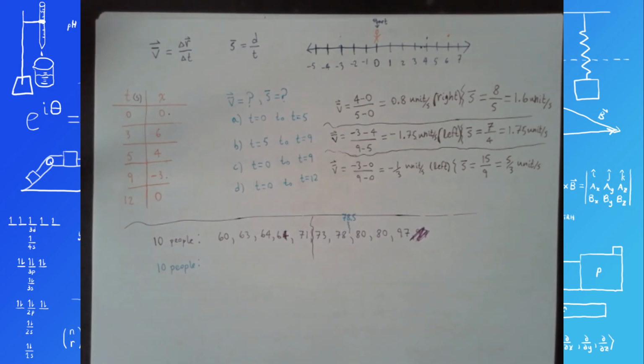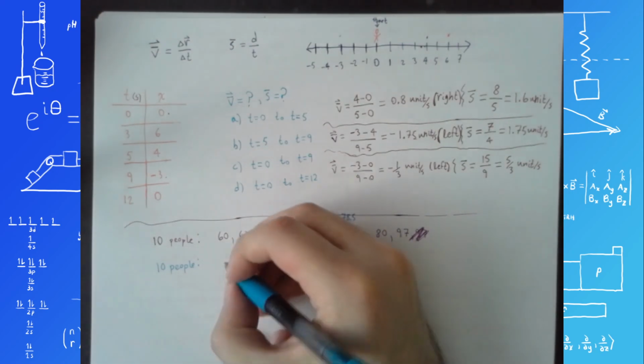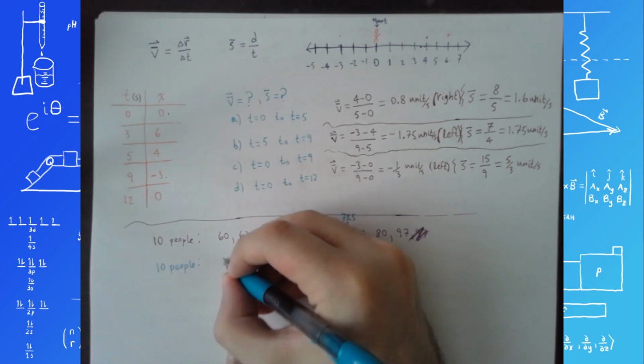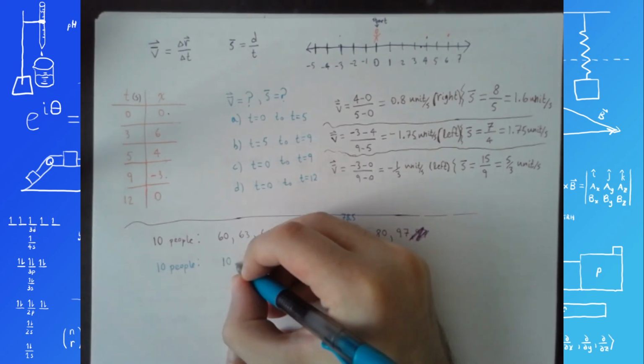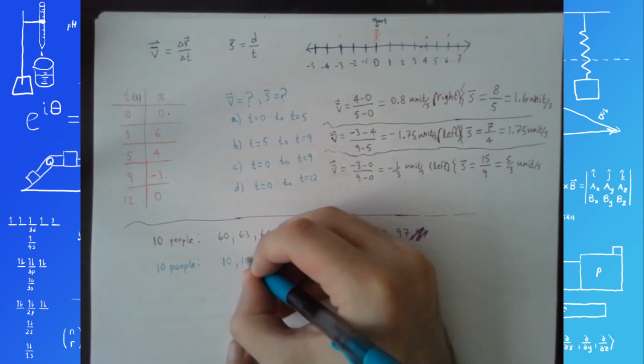Let's say the possible scores are, I want to say 10, 20, and 30. So we get some 10s.